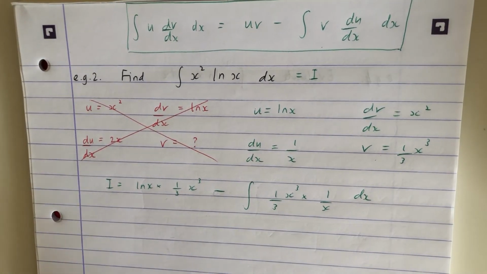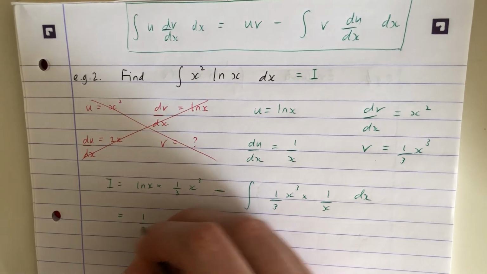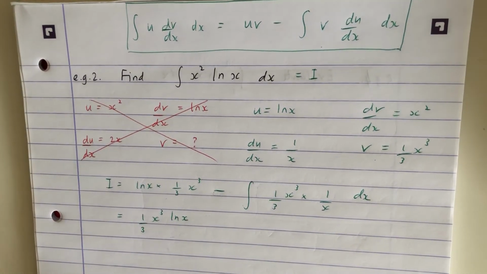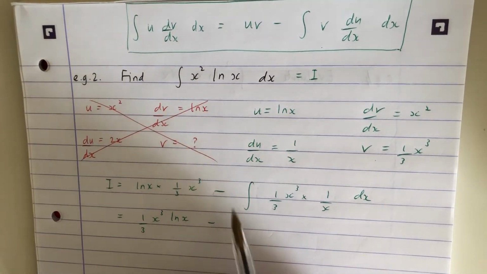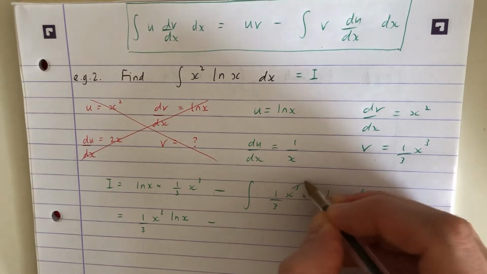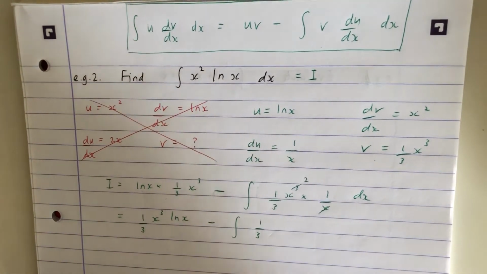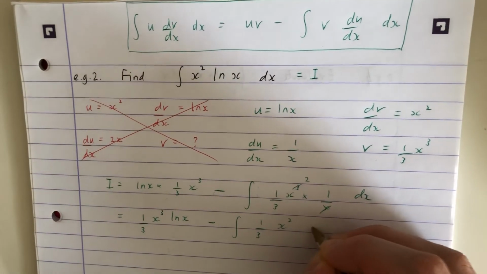Now let's simplify things just to see if this is easier. So I'd write that as a third x cubed ln x, subtract, okay, what does this simplify to? Well, that divides that to give you the integral of a third x squared dx.